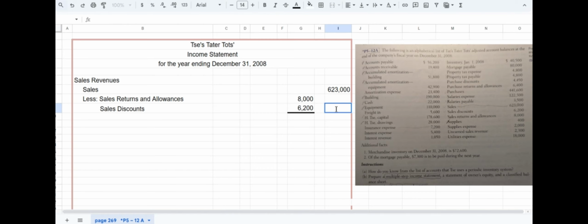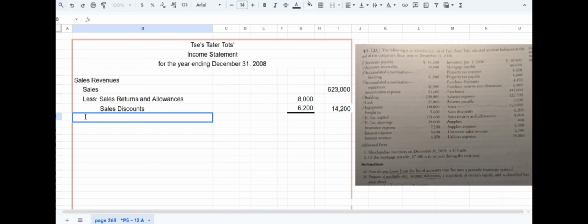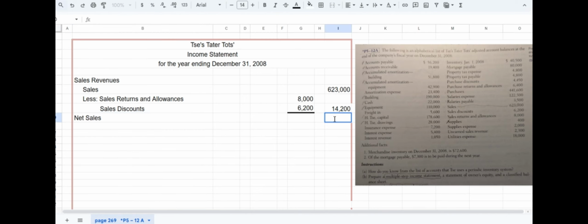And that's going to give us 14,200. And the next account is going to be net sales, which is just all the sales that we have.